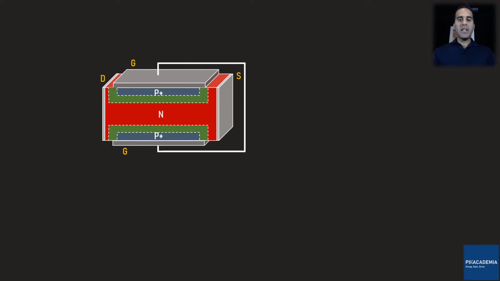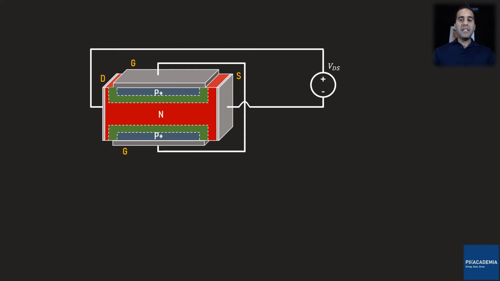I am assuming that before you watch this lecture, you have watched all the previous lectures in this course. This is why I do not spend time to discuss why the depletion regions are made. Anyway, in the depletion regions, we do not have any charge carriers. Let's connect a voltage source called VDS between the drain and source, and one connected between the gate and source.